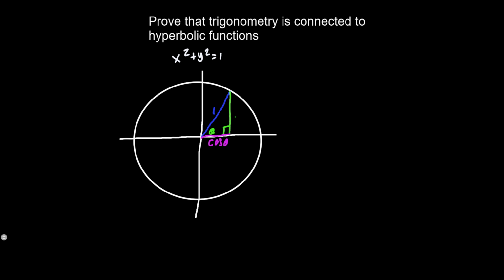And sine is just opposite over hypotenuse, and it's y, so we could say sine theta is equal to y, which from this we pretty much also could get our Pythagorean theorem, which is cosine squared plus sine squared is equal to 1.